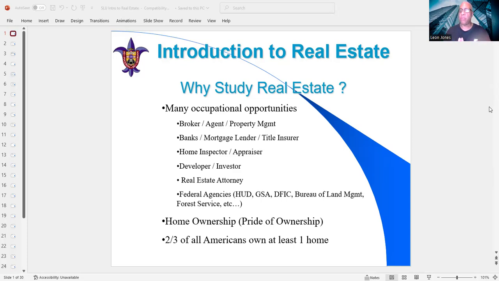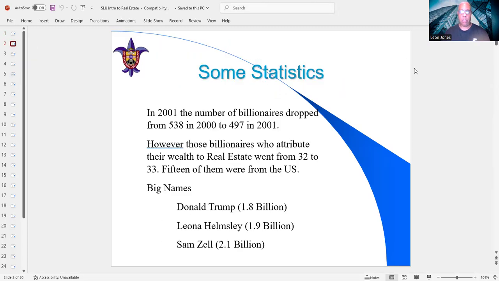Now, some of this information is a little old, goes back to 2001, but the information when it comes to real estate is the same. Back then, roughly two-thirds of all Americans owned at least one home. Now, here are some statistics.